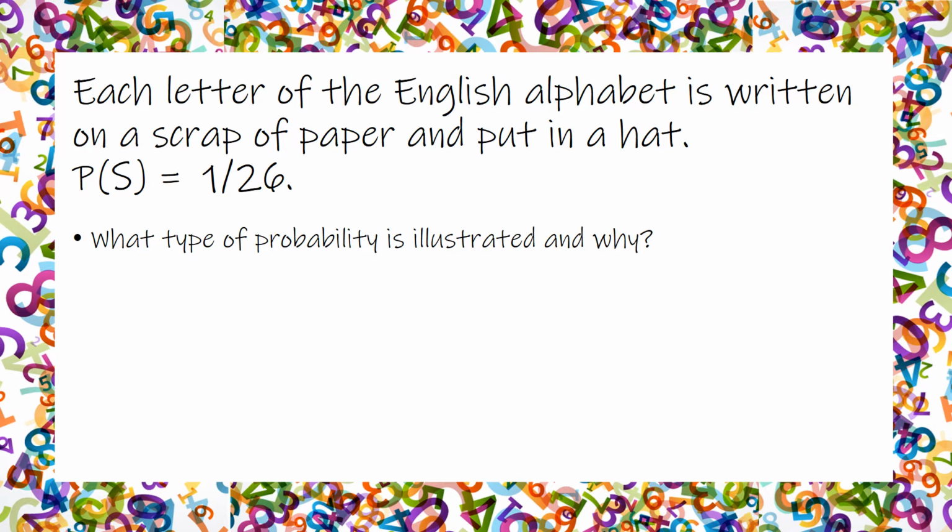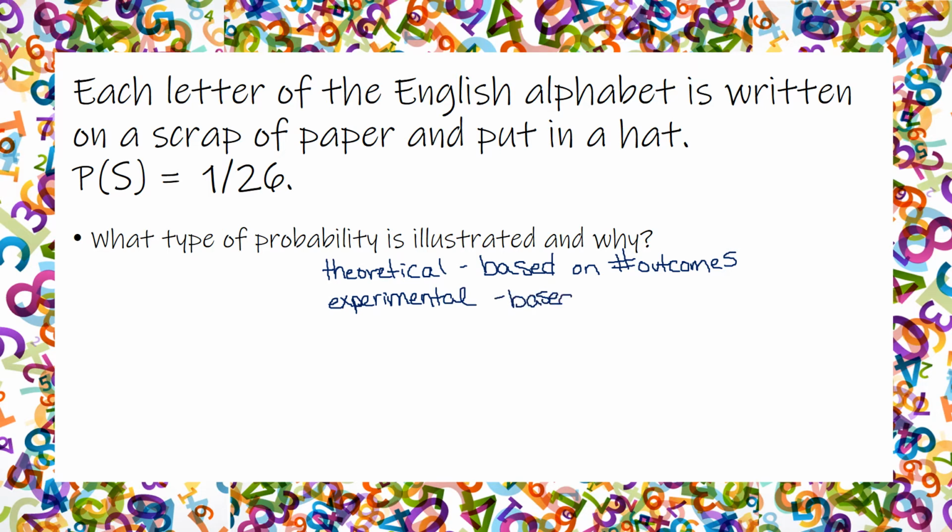So you've got theoretical probability, and that probability is based just on the number of outcomes. And then you have experimental probability, and that is based on experiments or real life.